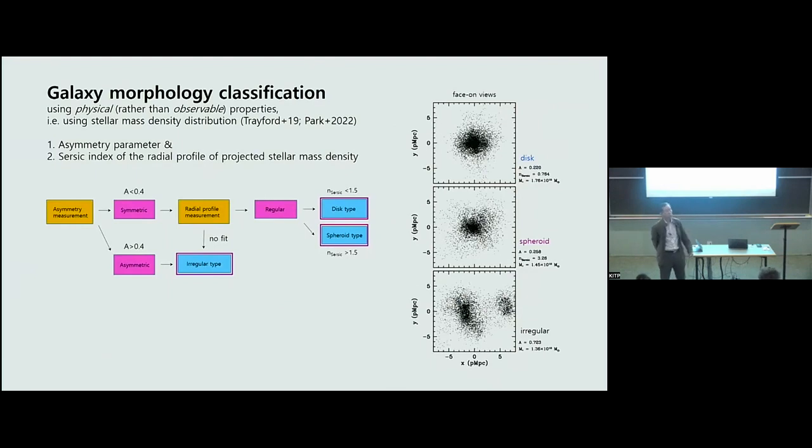Well, okay, we treat galaxy morphology as a quantity which can evolve. Okay? It's not some intrinsically fixed property of galaxies. That's why the Sérsic index fluctuates a lot.